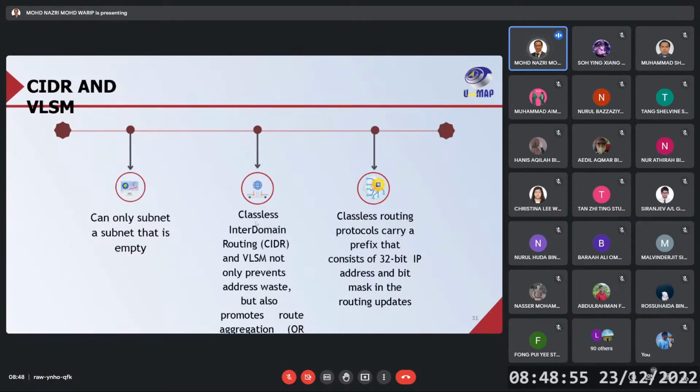So this is the benefit of CIDR and VLSM. And then, classless routing protocols carry a prefix that consists of a 32-bit IP address and bit mask in the routing update. This is one of the benefits.